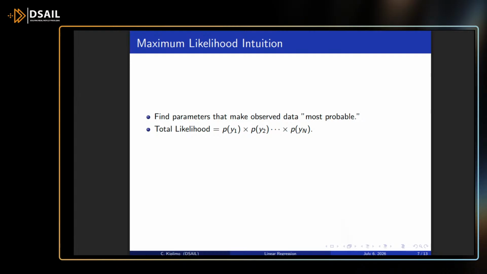There is a y1 that is possible, there is a y2 that is possible, and maybe there is a yn that is possible, all these values. The total likelihood of these points is the same as taking the probability of y1, maybe y1 is here, taking the probability of y2, maybe it is here, taking the probability of yn, maybe it is here, and performing a summation of all of them. Okay?